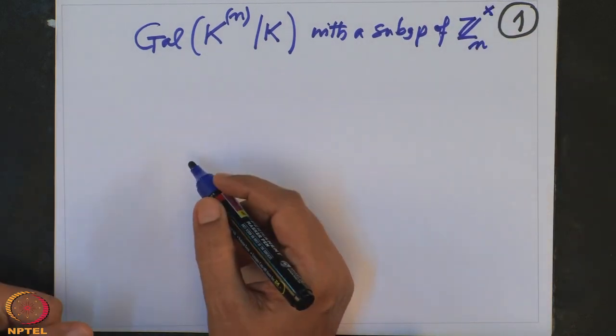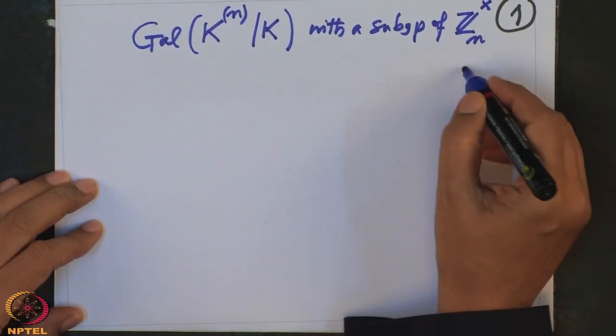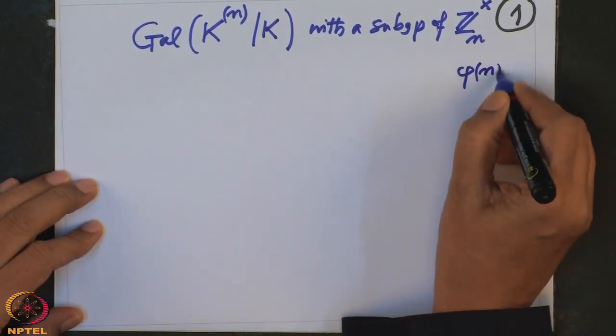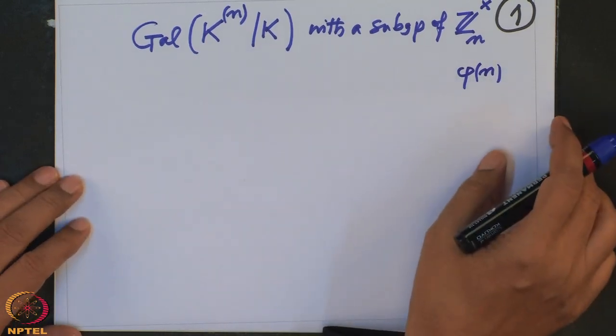And we know phi of n. So therefore the order of this group divides phi of n, but we want to find exactly what the order of this group is, and we will do it in two steps.